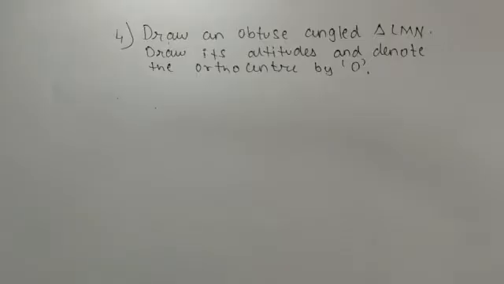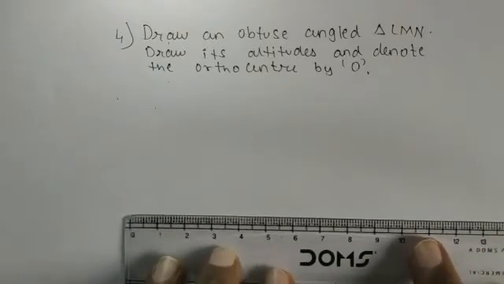Now we will see the fourth sum from your practice set 4.1, which is: draw an obtuse angle triangle LMN and draw its altitudes and denote the orthocenter by O. So first we will draw an obtuse angle triangle.